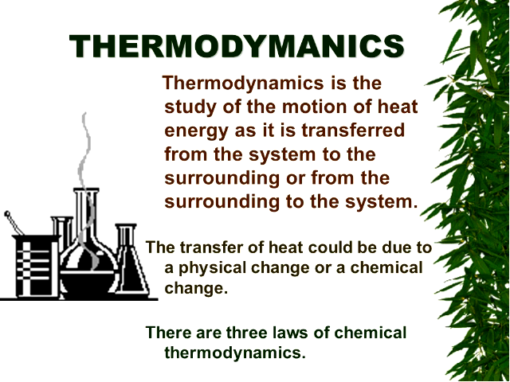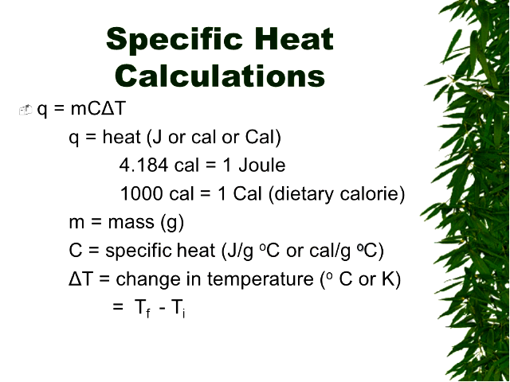The transfer of heat could be due to a physical change or a chemical change. It could be fire, or it could be a chemical change, like if you mix certain glycerins with certain potassiums, they'll create a fire. This is pretty important, so make sure you write this down.